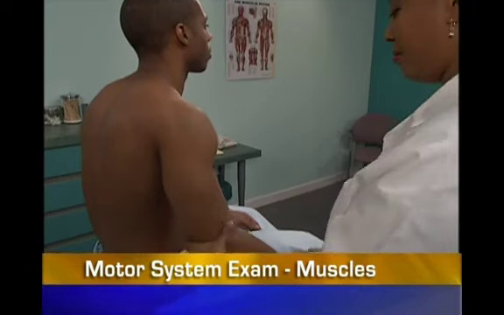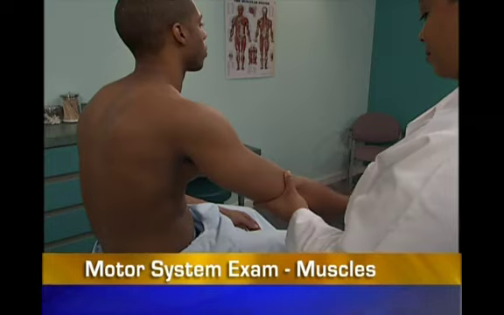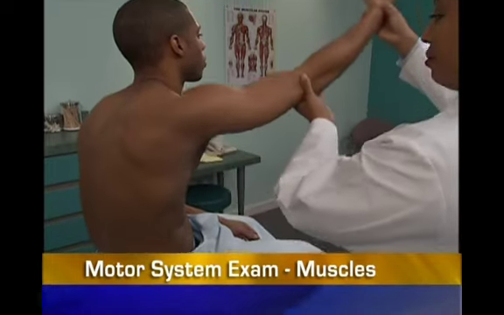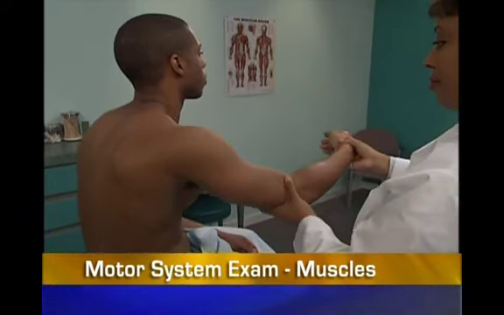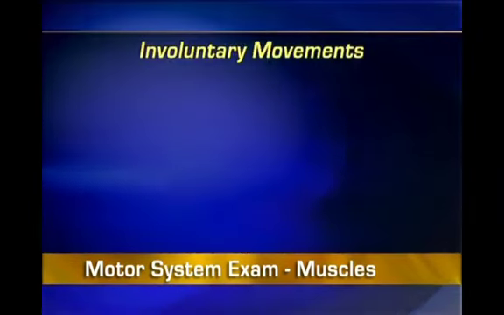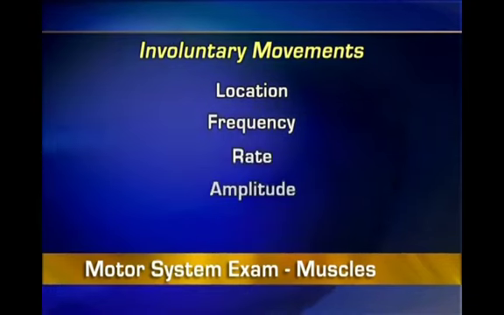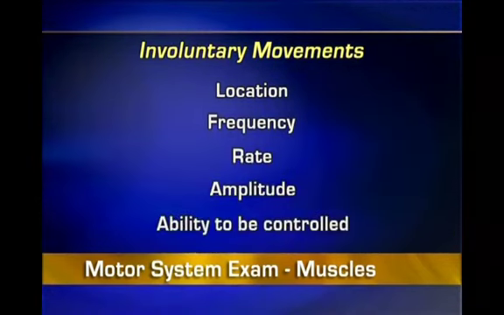Normally, you will note a mild, even resistance to movement. As you assess the muscles, you should see no involuntary movements. If they are present, note their location, frequency, rate, amplitude, and ability to be controlled at will.